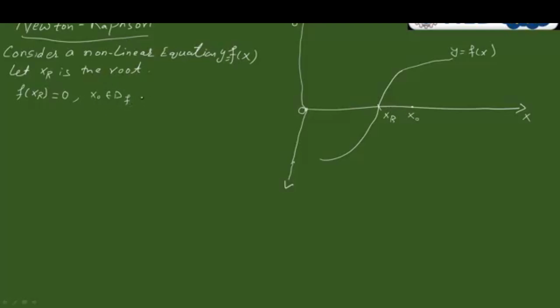And the other thing is that f dash of x naught, that is the derivative of this function, must exist at x naught. Let me clarify it further: it must exist means it must have some finite value. Because I have only pointed out one value, I'm saying x naught must exist.